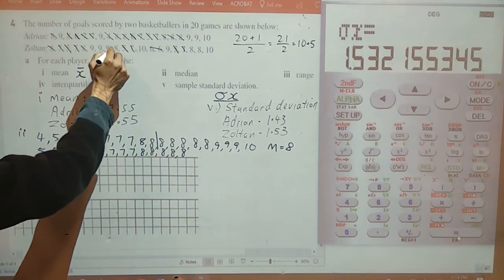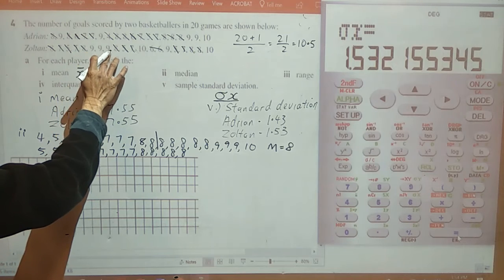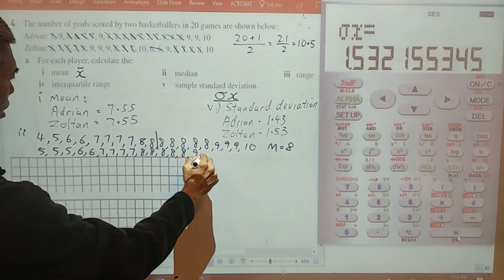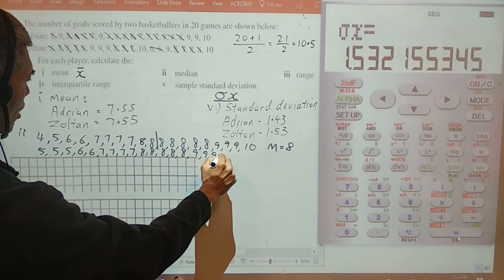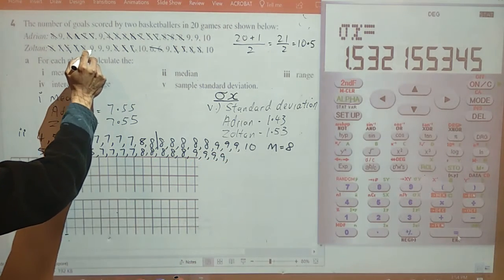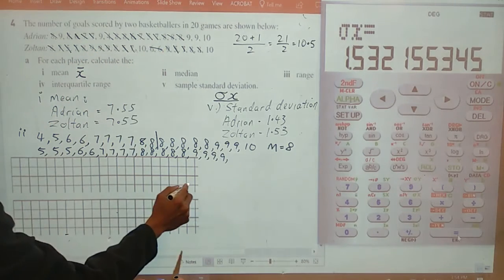Let's cross those 8s out. And then we have 1, 2, 3, 4. 4 9s. Let's cross the 9s out. And finally, we have 2 10s.